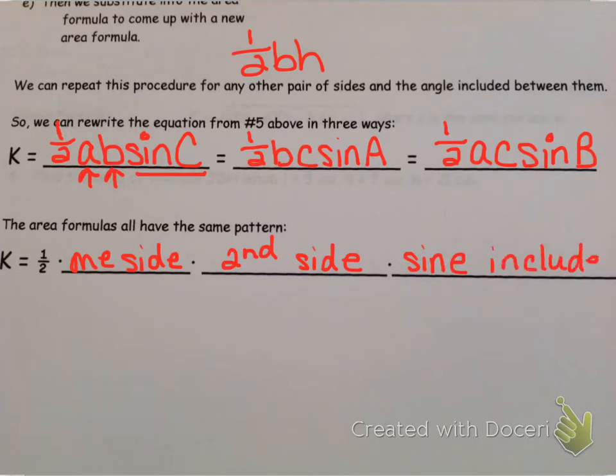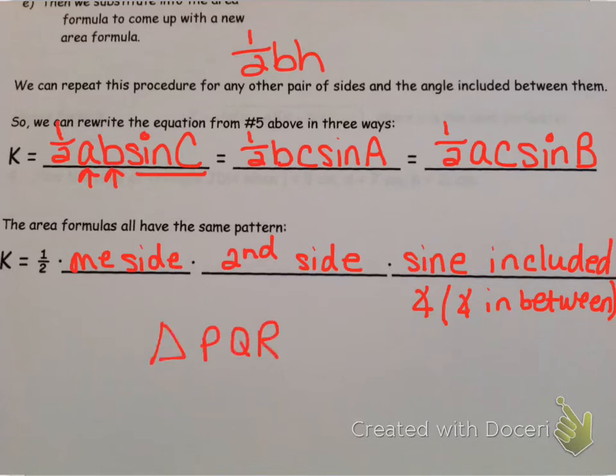And what it means to be the included angle, it means to be the angle in between the two sides. So let's say I was doing triangle PQR, which we actually are going to do.